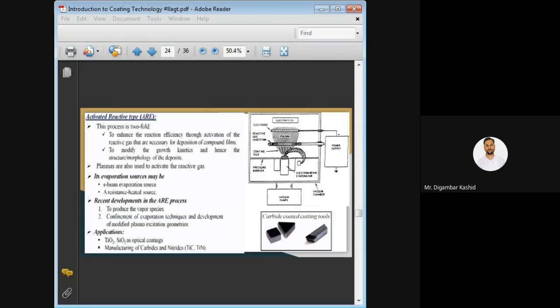We call it an insert. That material is made of titanium carbide, maybe titanium nitride also. So for the tip, whatever image I have shown here, that carbide coating we can do with this activated reactive type.